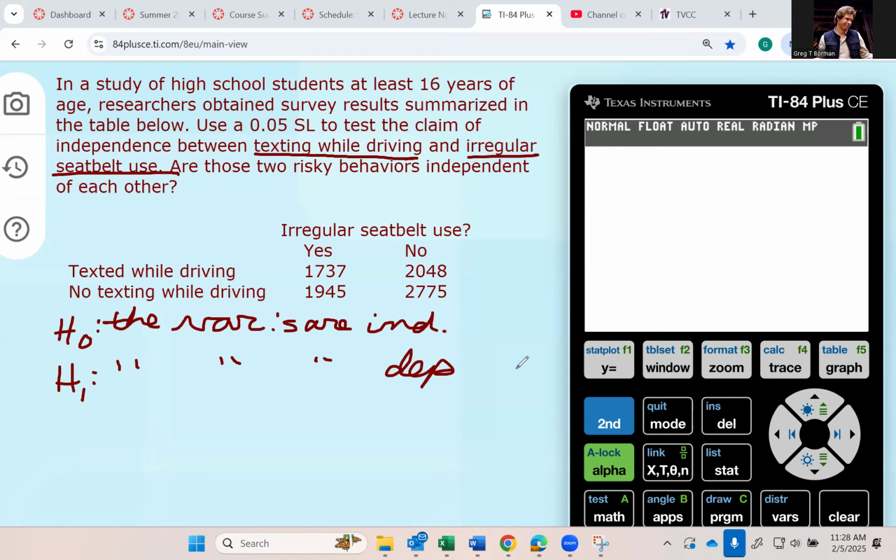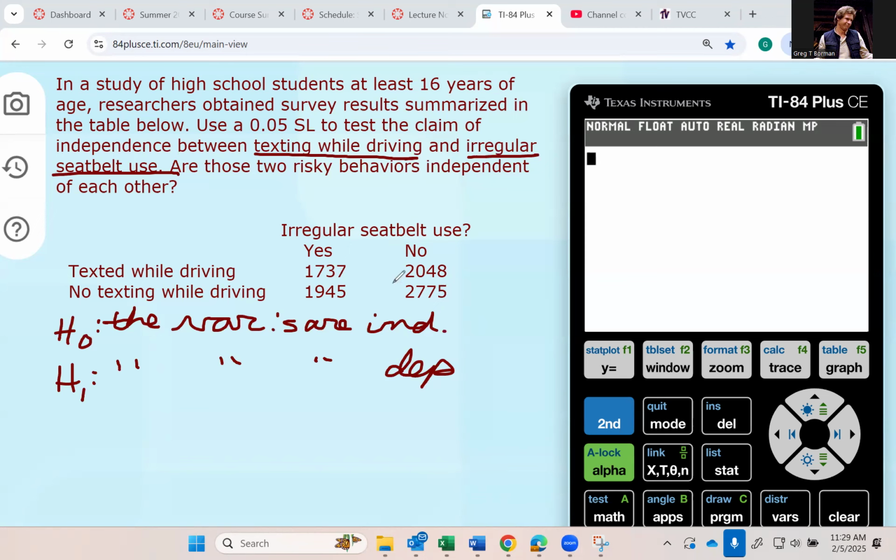So there's some type of a relationship. If one of them happens, it affects the probability of the other one happening. That's dependence. But independent basically means, if one of them happens, that doesn't affect whether or not the other one happens. That's independence.